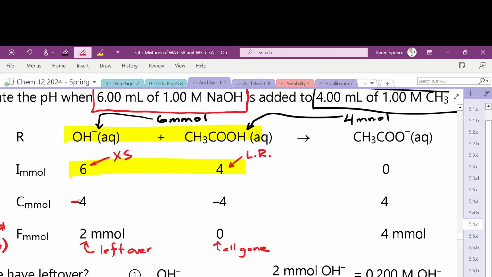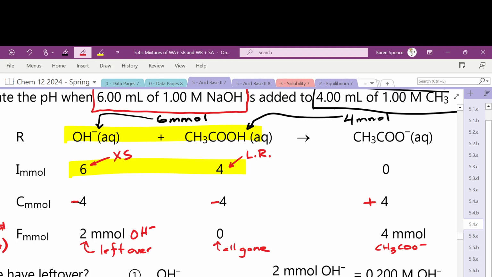And because it was -4 and -4, this goes up by +4. Okay, and so we end up with 4 millimoles of CH3COO minus. That's the weak base. So we have 2 things right now: OH minus and CH3COO minus. We can figure out our concentrations because 6 milliliters and 4 milliliters gives us 10 milliliters.